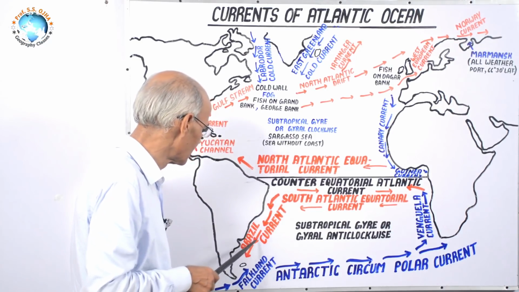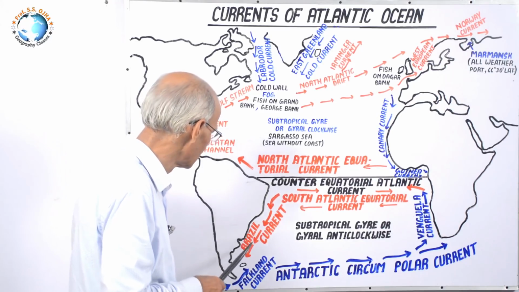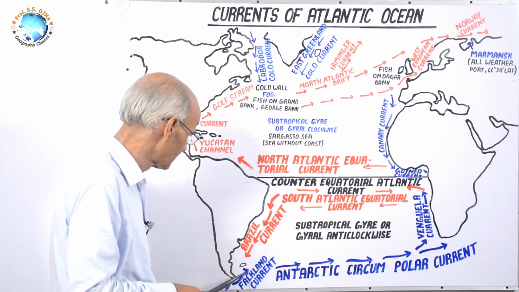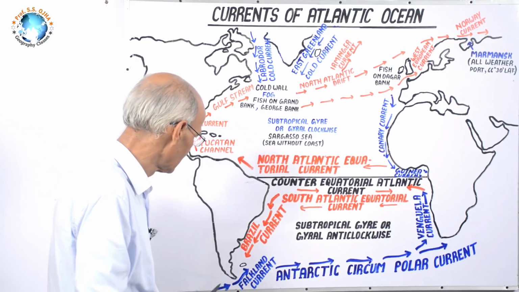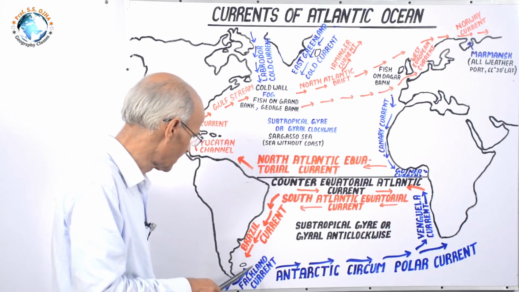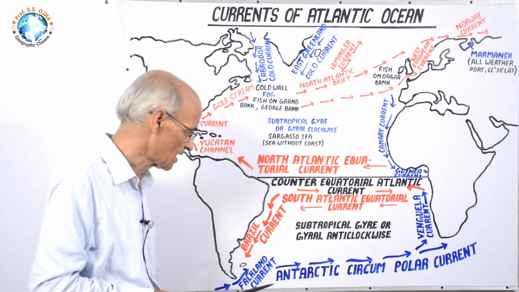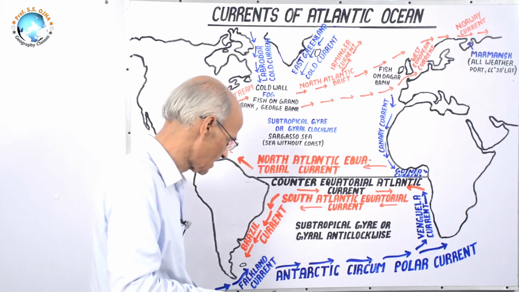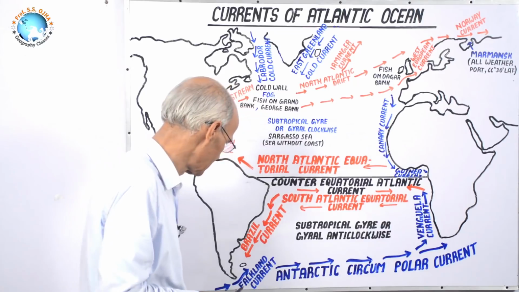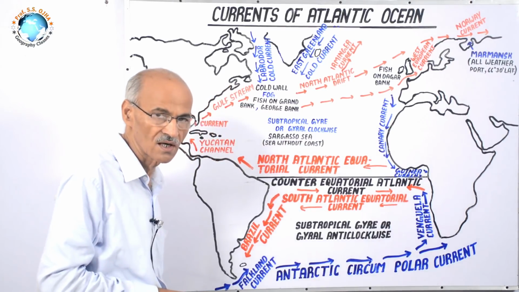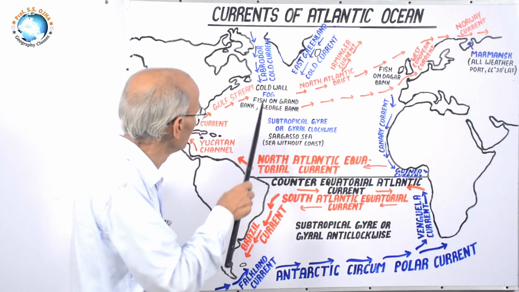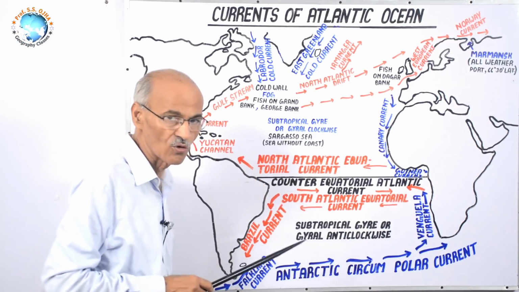This is a warm water current, while it confronts this Falkland current, which is a cold water current. This Falkland current is a branch of the Circum-Antarctica polar cold current, and this carries icebergs and cold water. The same happens here, which happened near Newfoundland.